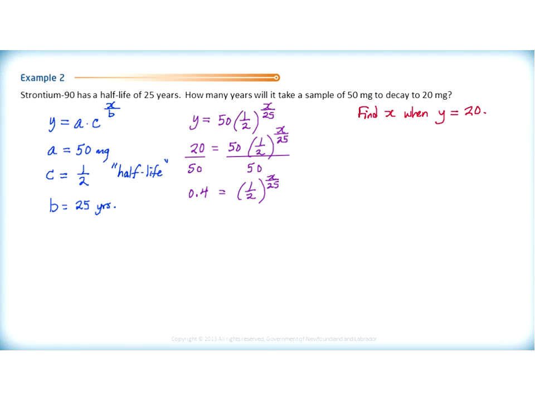Once again, both sides of the equation cannot be represented with the same base, so we need to take the log of both sides of the equation before we begin to use the property of logarithms. Now we can use the power law of logarithms again, and we can move the exponent x over 25 in front of the log of 1/2. So then we can divide both sides of the equation by the log of 1/2.